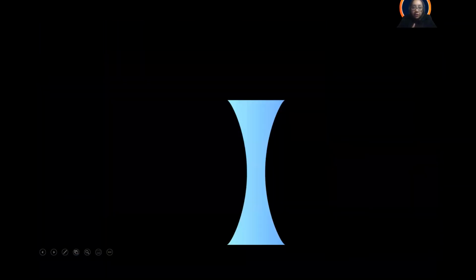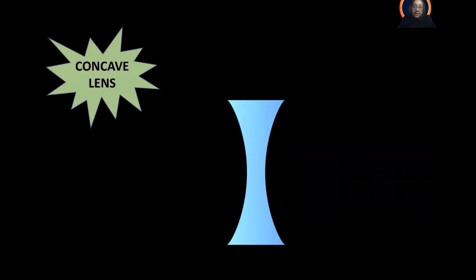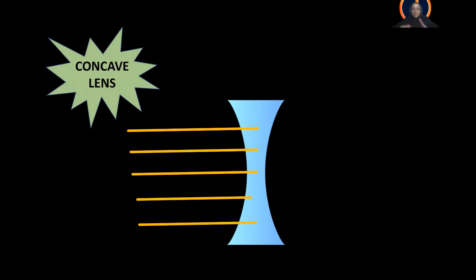Next lens is our concave lens. So concave lens is cave from inside. So just like concave mirror, concave lens is also cave from inside, but it is caved from both the sides. Okay. So what is the nature of concave lens? So if you remember, convex lens has a tendency that the refracted rays meet at a particular point.